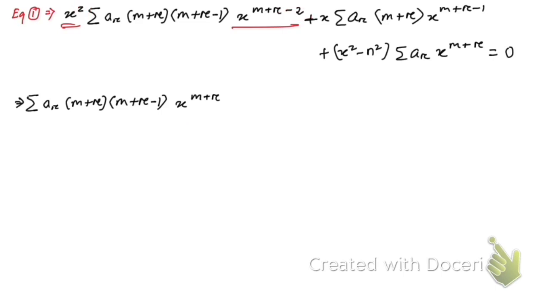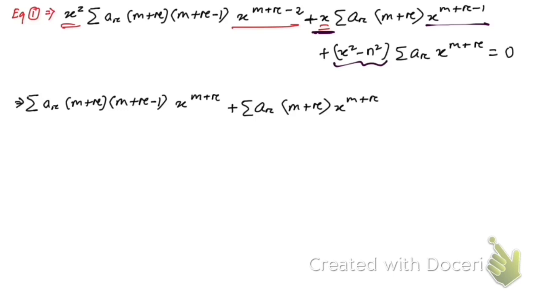Similarly, if we multiply this one and this one, then we're going to have this. Let me write here, just give me a second. Okay, this is x to the power 1 and this is x to the power m plus r minus 1. So on multiplication we have got this, right?